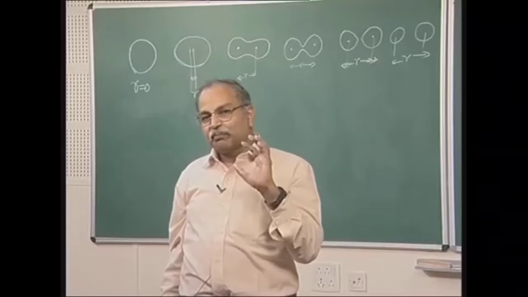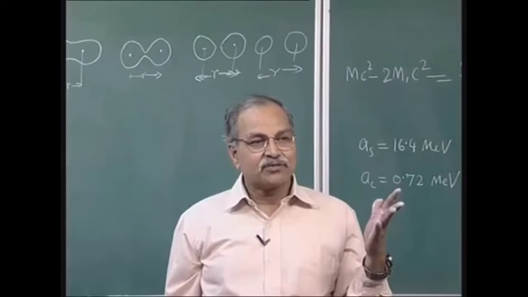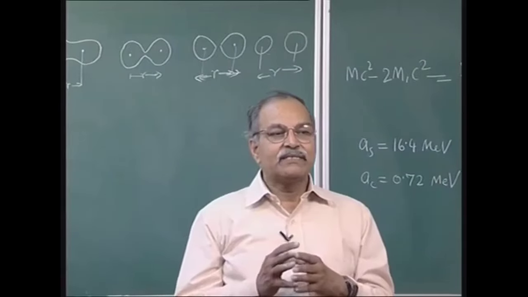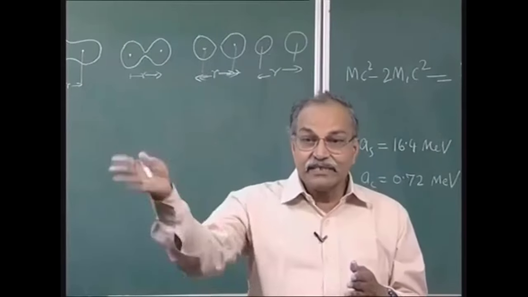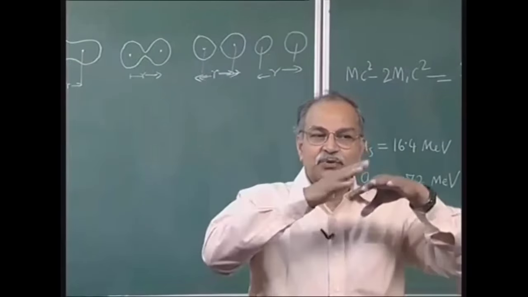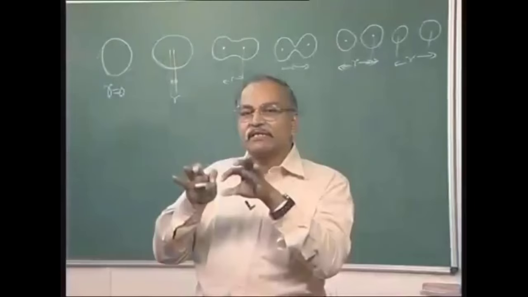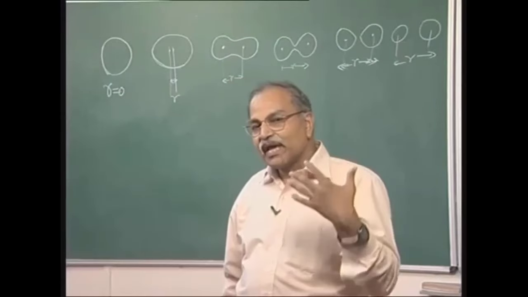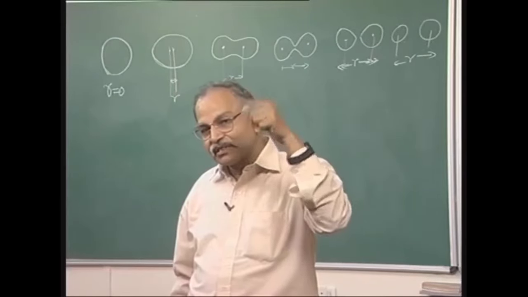Then for each shape, for each deformation, what should the energy be? The calculations are not easy, but what should the energy be using the semi empirical mass formula? For example, what we need is surface energy: how much is the surface area of that deformed nucleus at each stage as a function of r. Similarly, Coulomb energy: if these protons are now distributed in this deformed dumbbell shape, what is the Coulomb energy? From that, what is the total energy, Coulomb energy plus surface energy?